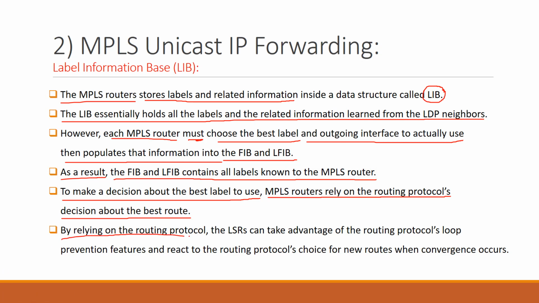Also, by relying on the routing protocol, the label switch routers can take advantage of the routing protocol's loop prevention, because an MPLS router can receive many labels for a specific IP prefix, and this can make a loop in some way.